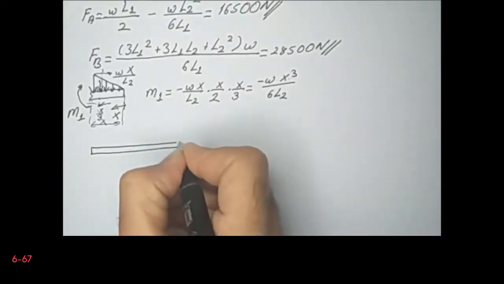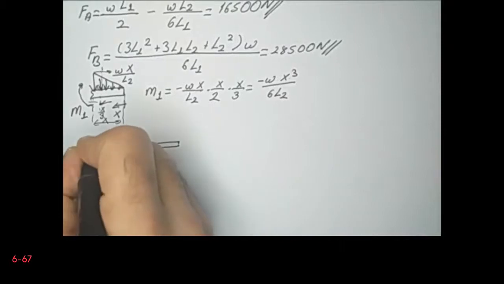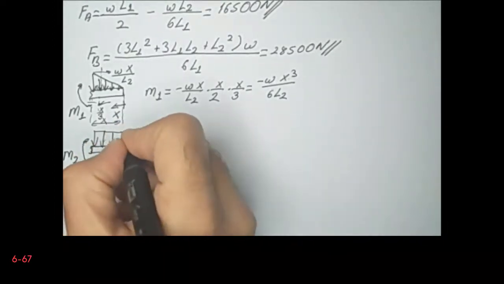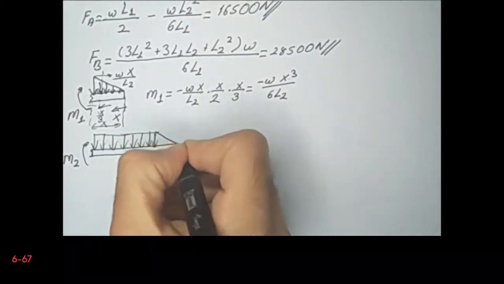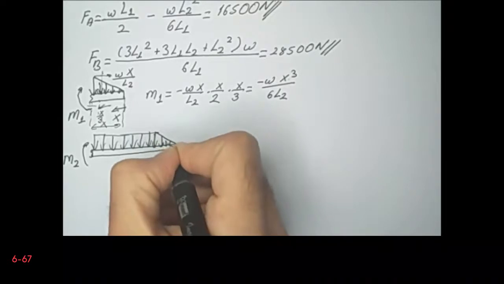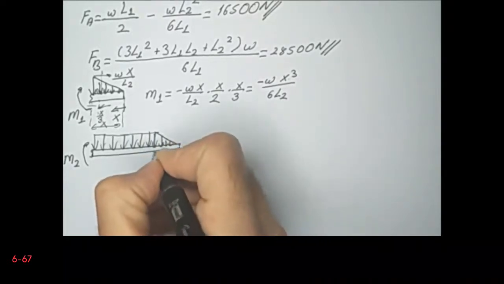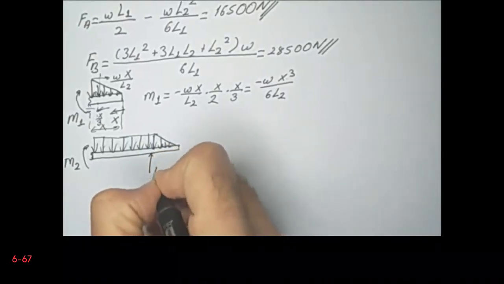Now I will make the second cut between B and A. I have M2. I have the uniformly distributed load up to B. Remember that I take the moment with respect to the cut.